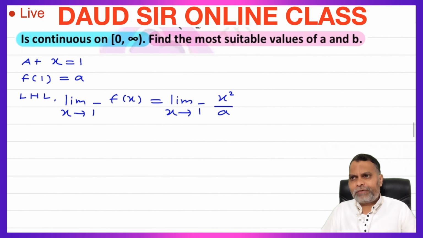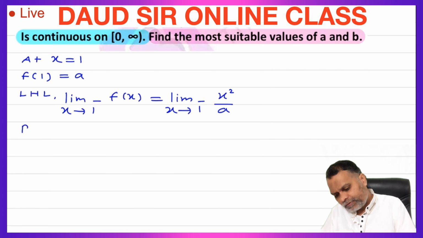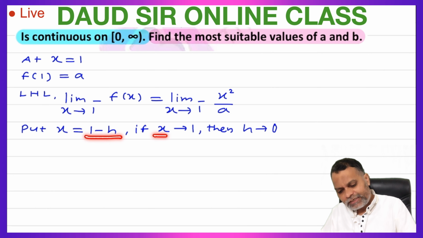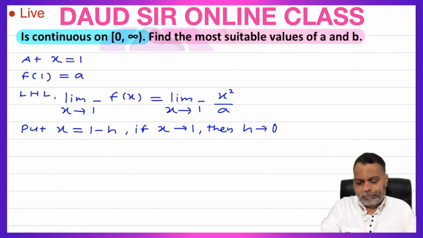For left hand limit we have to put x is equal to a minus h. Here a is equal to 1, so we will put x is equal to 1 minus h. If x tends to 1, then h tends to 0. How? Put this 1 minus h here. 1 minus h tends to 1, 1 gets cancelled, minus h tends to 0, that is h tends to 0.